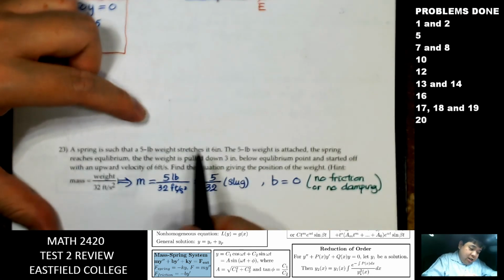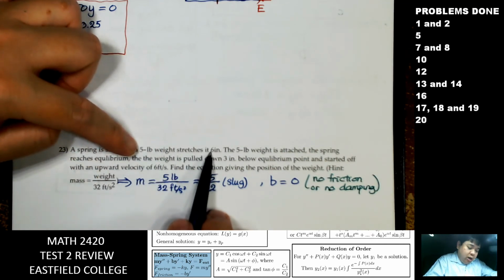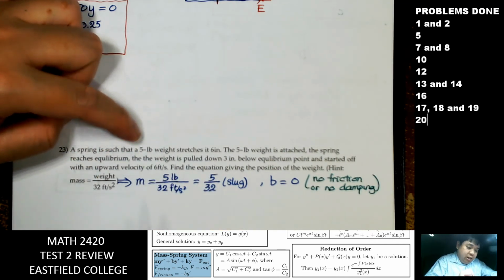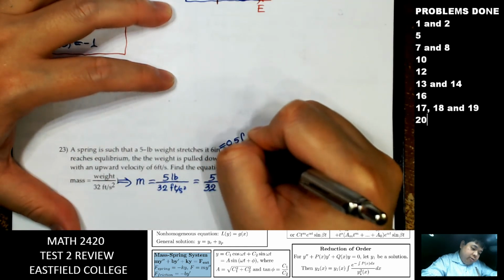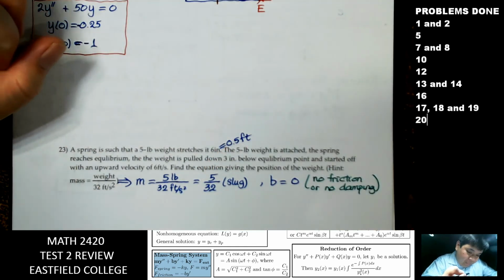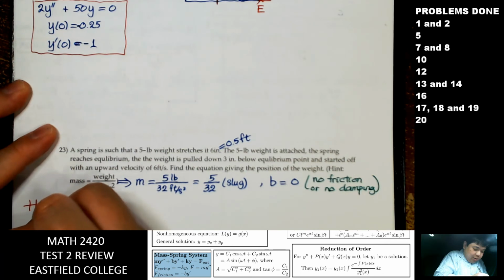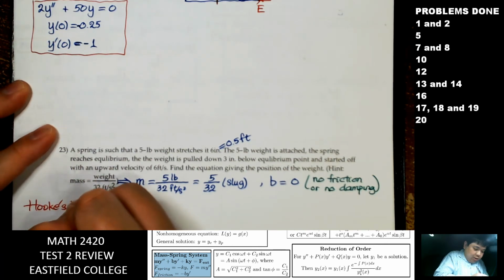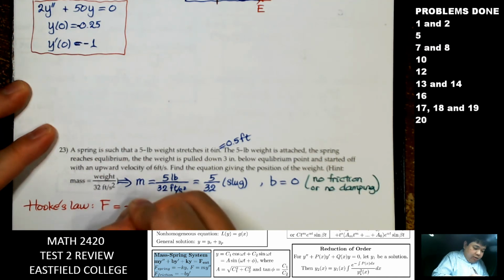If the mass is 5 pounds, it will stretch an object 6 inches. By the way, 6 inches is 0.5 foot. So Hooke's law, F equal to negative ky.